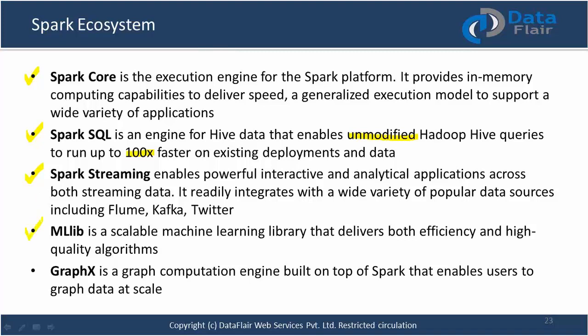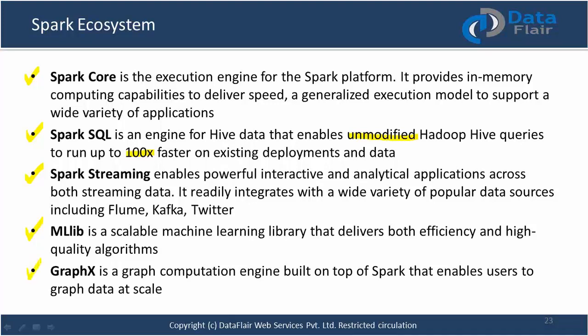MLlib is a scalable machine learning library that delivers both efficiency and high quality algorithms. Efficiency, since it sits on the top of Spark.